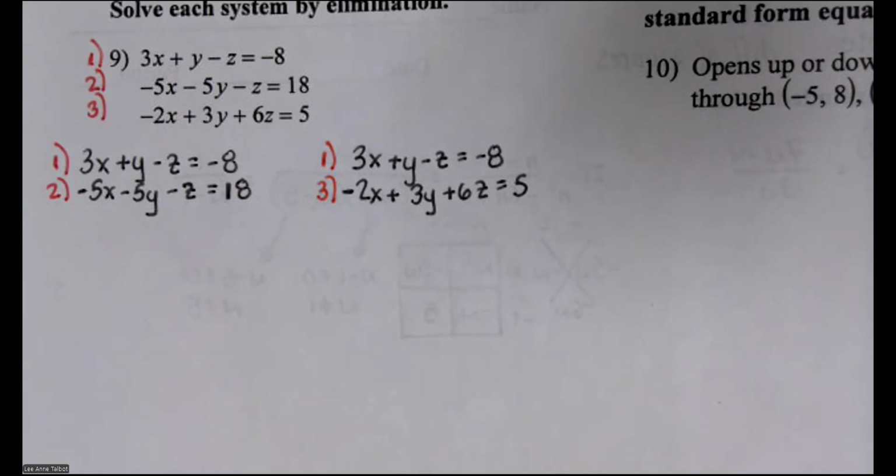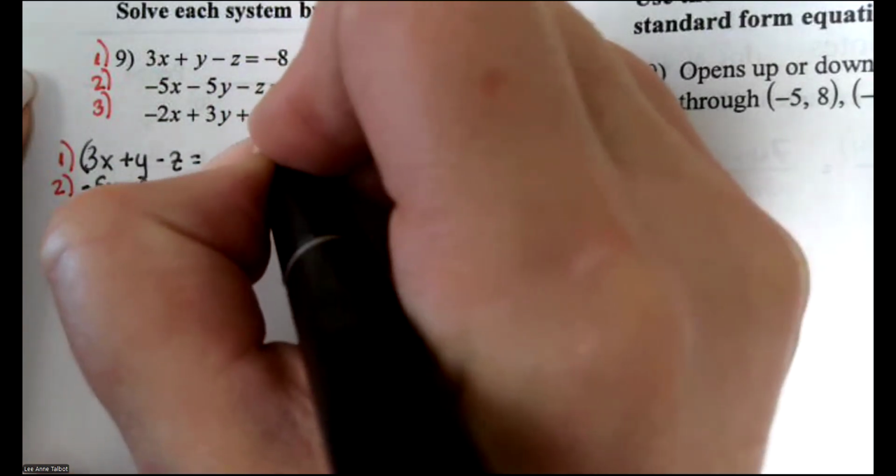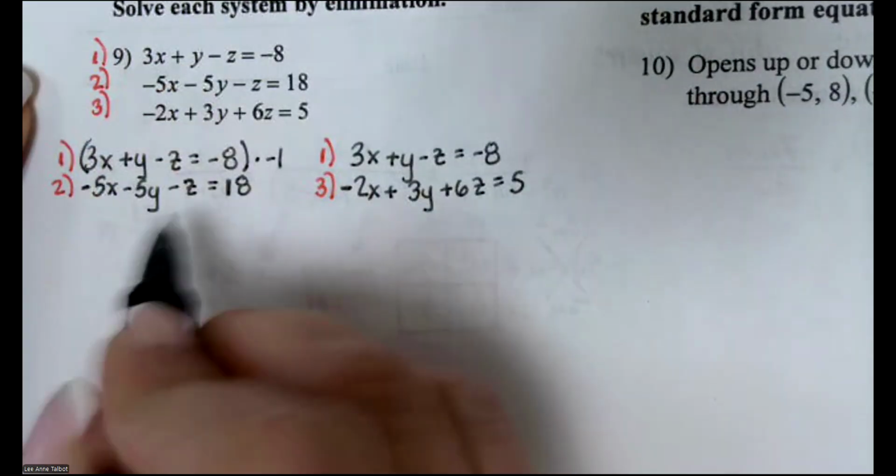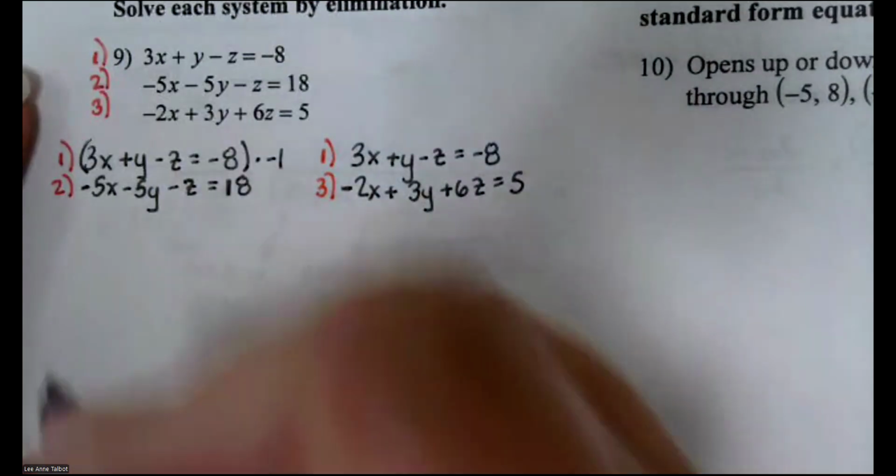Okay, now my suggestion is to multiply the top of this one by -1 and then write the answer below this one. That way I get to be lazy.